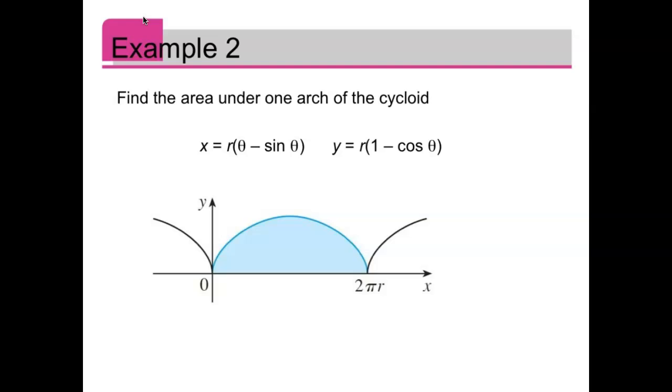So last time we developed these parametric equations for a cycloid, which is the curve traced out when you follow a point on a circle. And now we want to find the area under one arch of the cycloid.